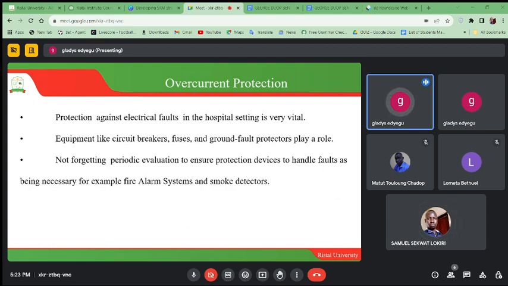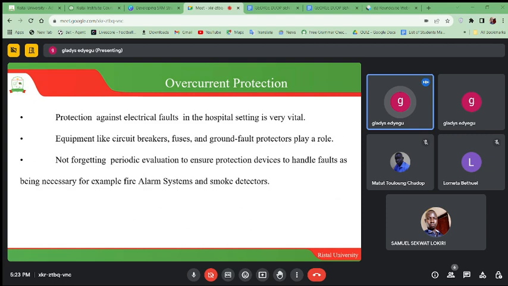And in that way, it can help protect so many people, not only people, but I mean our clients and our health workers, from getting shocked with these short circuits. So equipment like circuit breakers is very good for us to install in these different areas where we know that we are using electric equipment, so that it can help us avoid this.